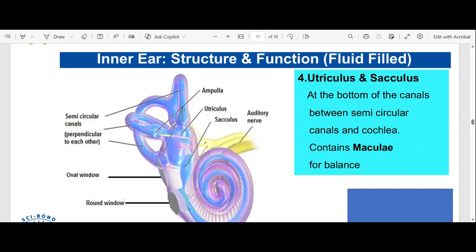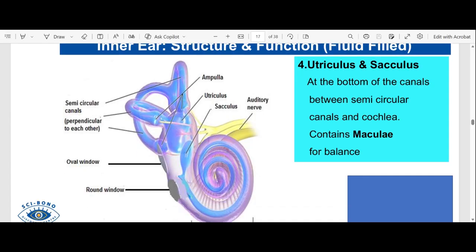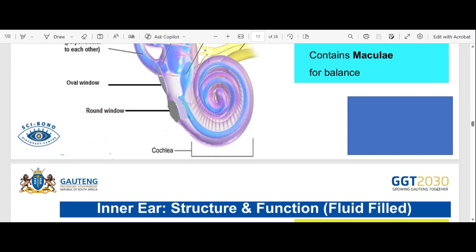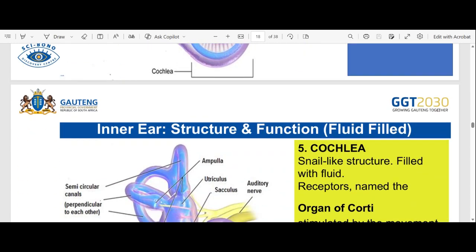It contains a balance receptor called what? The maculae. We'll get into the differences between the maculae and the cristae, but they both help in the maintenance of balance and equilibrium, right? But they react to different stimuli.